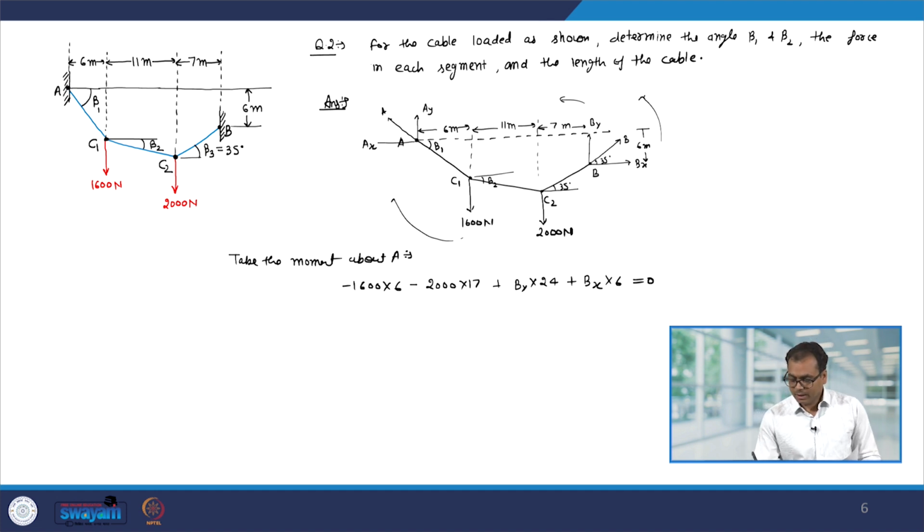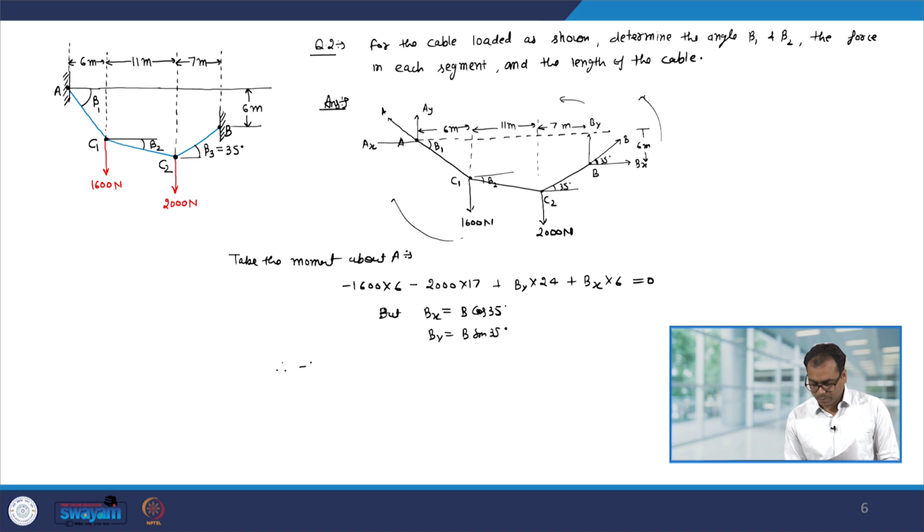But note that here this angle is known to you. So, I know what is Bx and By in terms of B. So, I can write down Bx is B cos 35 degree and By is B sin 35 degree. So, let us put it back.